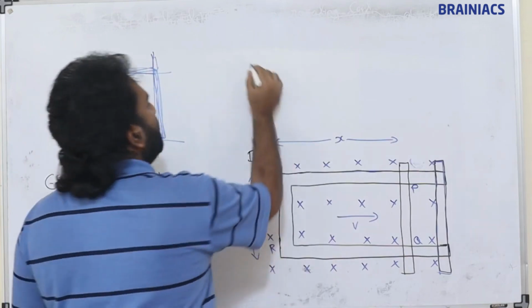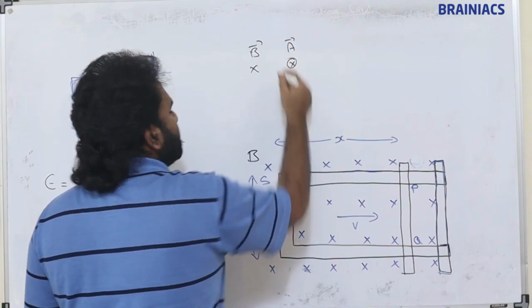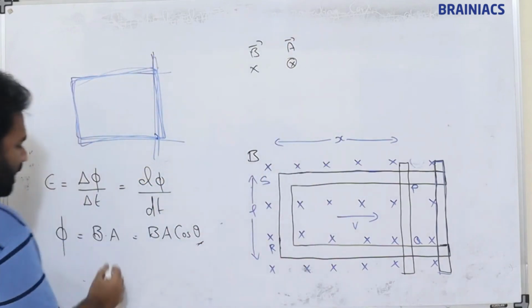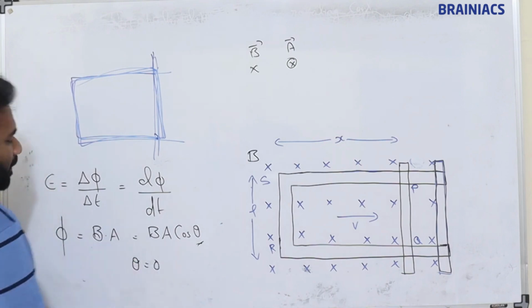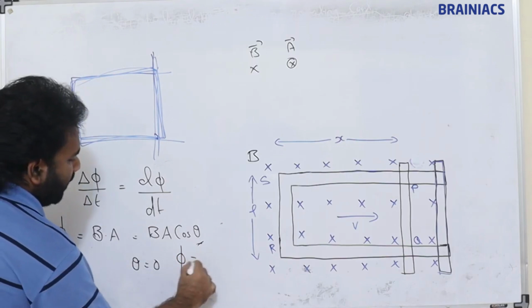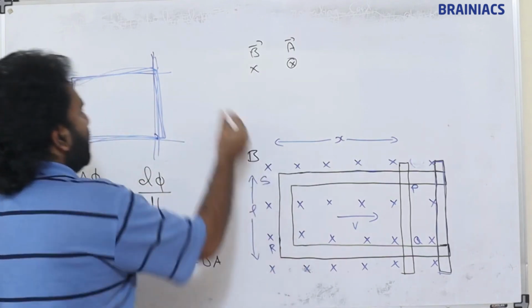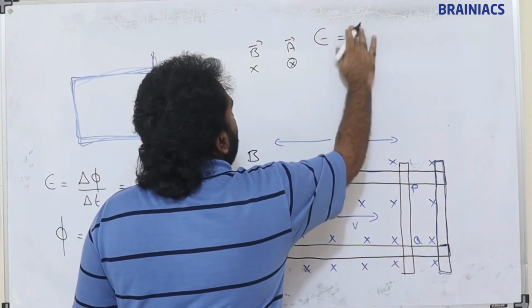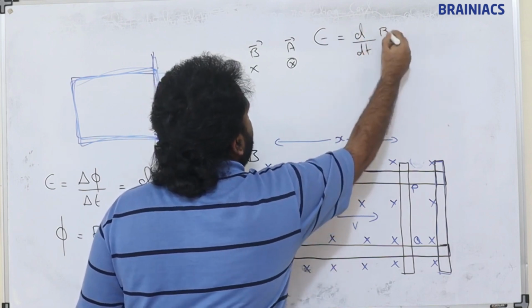Why unnecessary confusion? We will take the area inside. So if we take it like that, then θ is equal to 0, and finally Φ is equal to BA. So the induced EMF E is equal to d by dt of what?